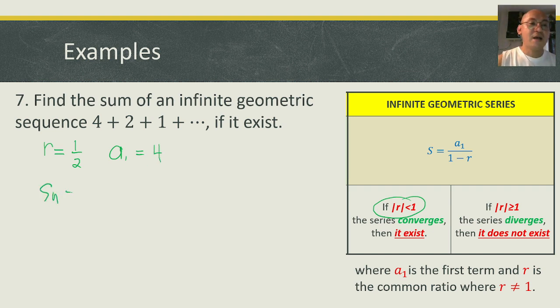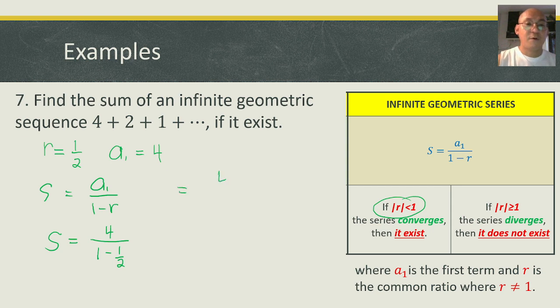Using the formula, we have here a sub 1 over 1 minus r. Substitute. We do not have n as we are finding the infinite sum. The sum is equal to 4 over 1 minus 1 half.